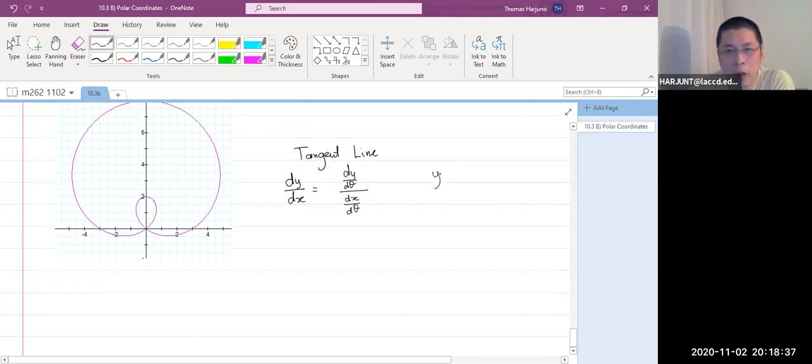Now we know y equals r sine theta. So dy/d theta will be dr/d theta sine theta plus r times cosine theta.